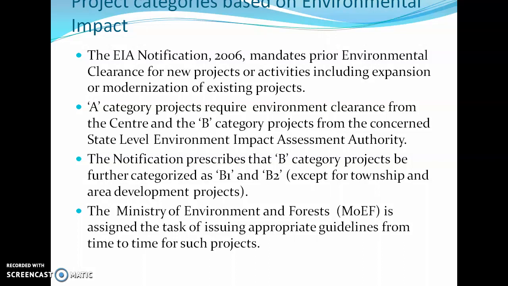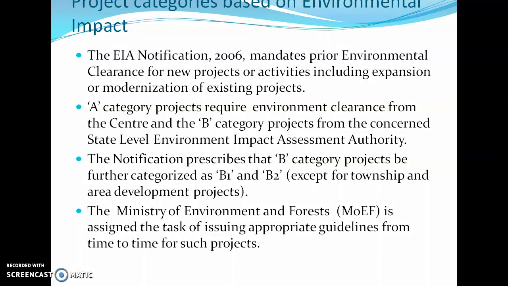The Environmental Impact Assessment Notification 2006 mandates prior environmental clearance for new projects or activities, including expansion or modernization of existing projects. So we have to take prior permission, or environmental clearance, for the project. The projects are categorized like A category and B category.